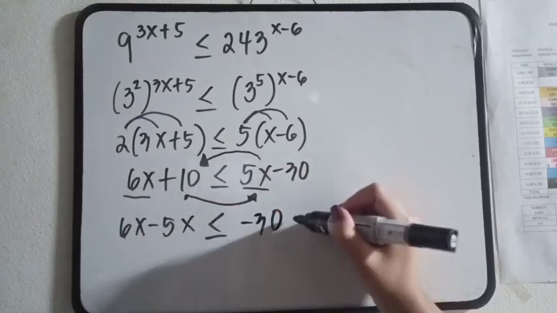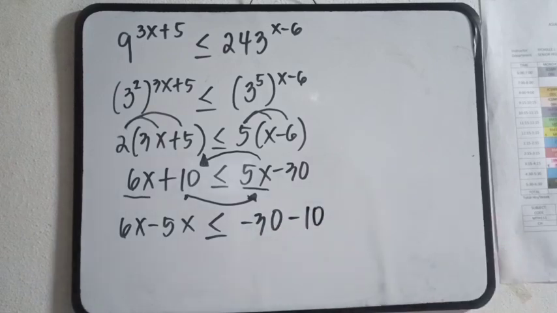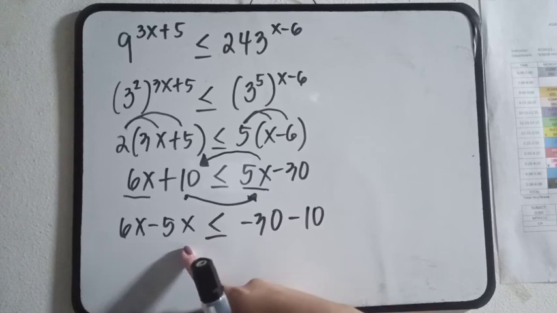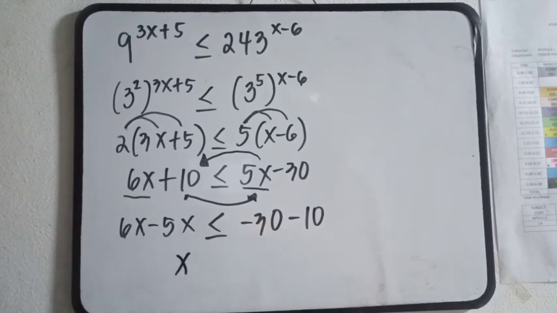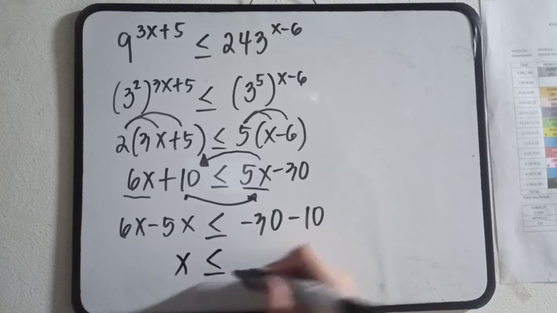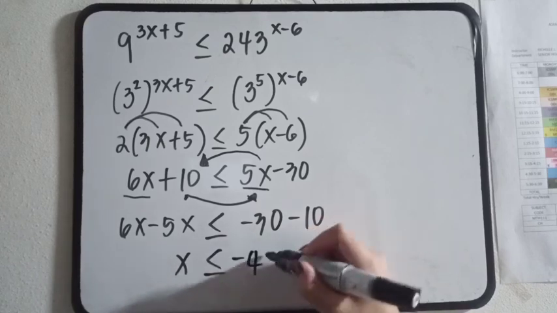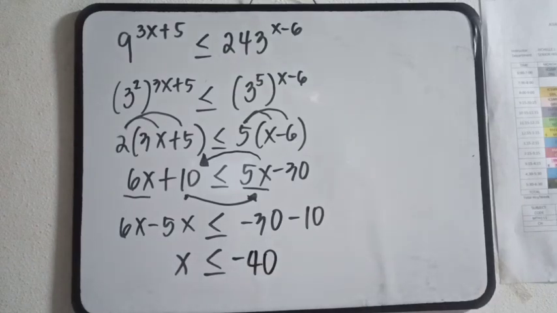Then si 10 lipat sa kabila magiging negative 10. So 6x minus 5x is equal to x na lang, is less than or equal to negative 30 minus 10 is negative 40. Okay, so ang ating final answer is x is less than or equal to negative 40.